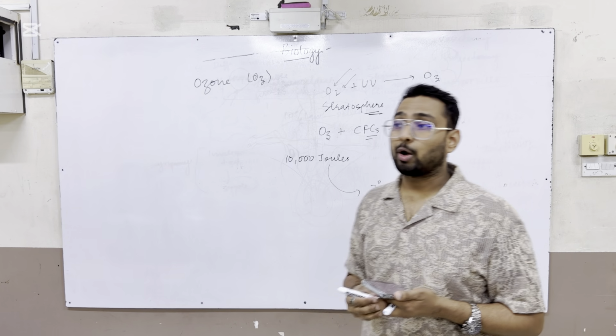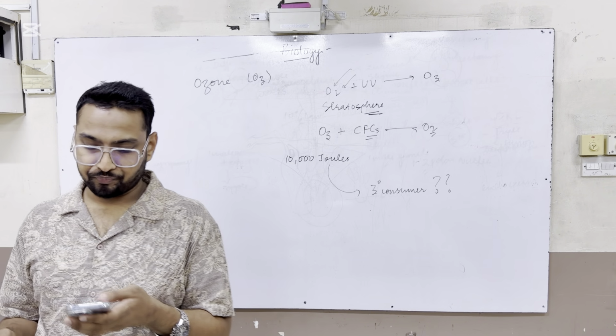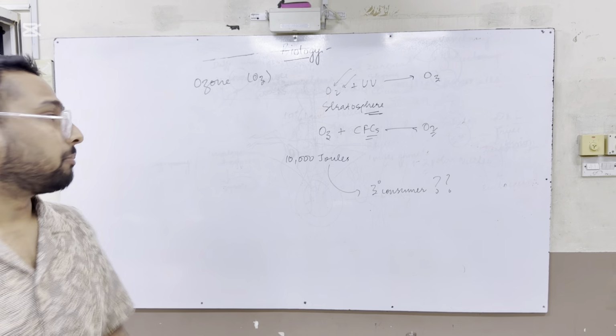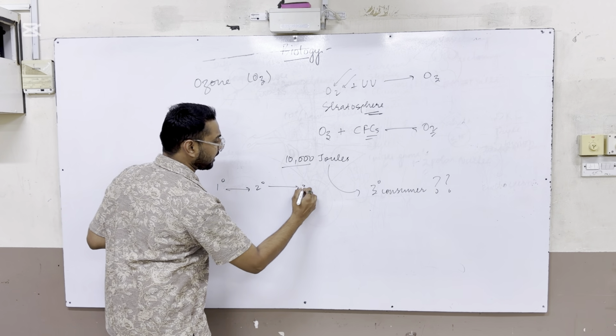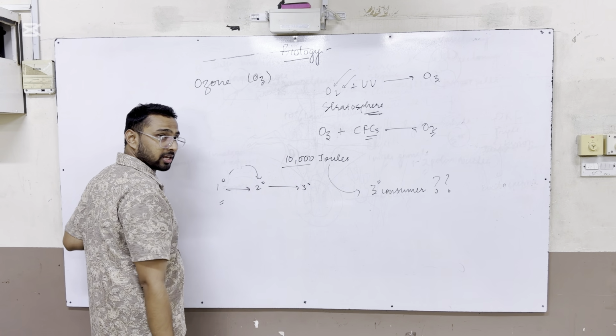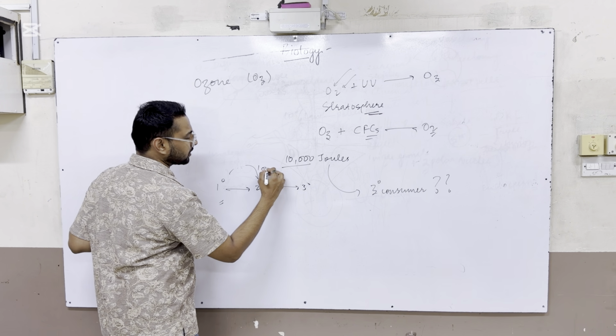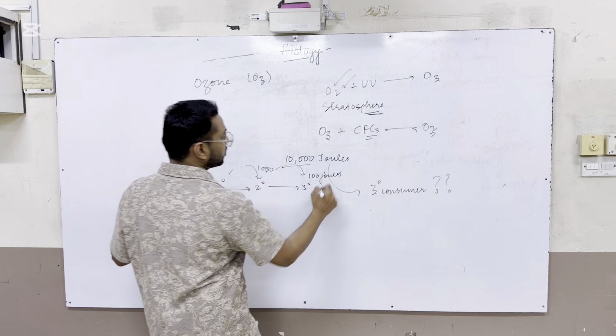How much percent law was there? 10% law. Yes, so solve according to that. The producer level is primary, then secondary, then tertiary consumer. Primary is 10,000. Secondary, 10% of 10,000 is 1,000. Yes or no? 10% of 1,000 is 100 joules. 100 joules is the answer.